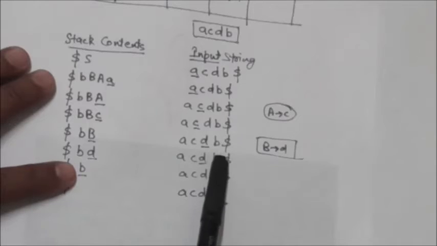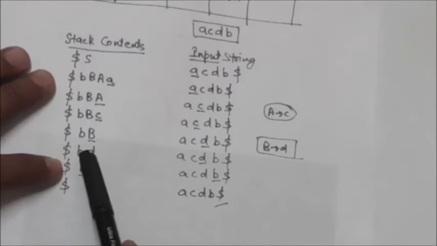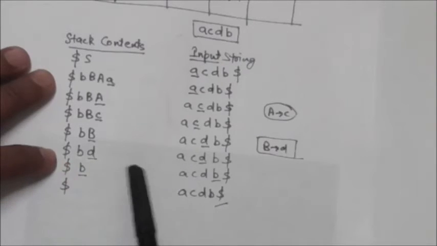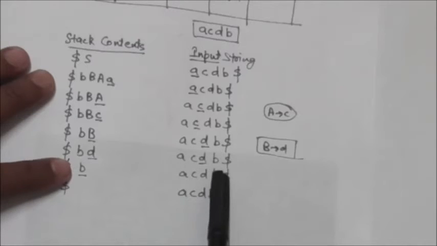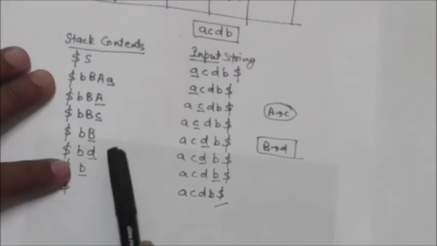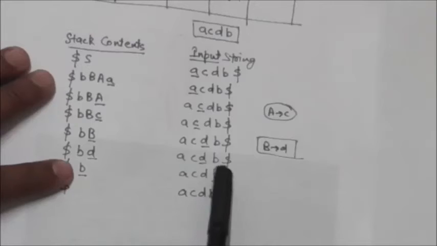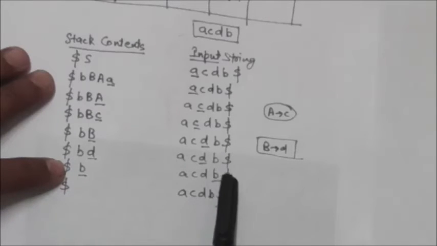And you can see that input pointer now points to the terminal symbol B, right? Now at the top of the stack, the terminal symbol is same as the terminal symbol which is pointed by the input pointer. So we will pop this terminal symbol B from the stack, and this input pointer will move forward 1 position right.